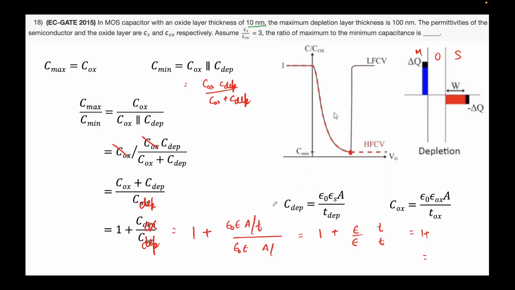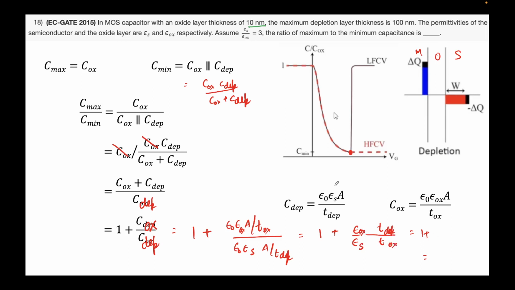Okay. So this is oxide, T_ox. This is denoted by epsilon divided by T_dep. This will come out to epsilon naught, and the area will get cancelled. What we'll get is epsilon_ox, epsilon_s multiplied by T depletion by T oxide.